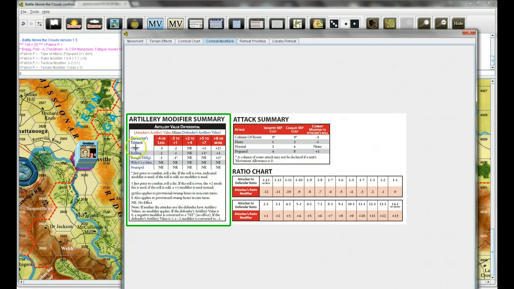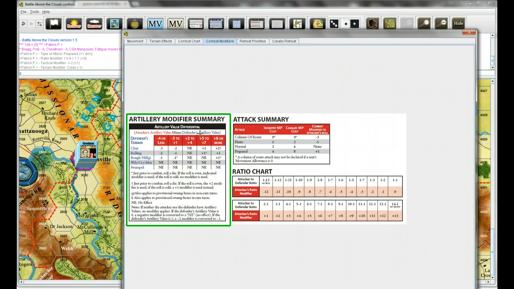Then we also cross-reference it with what type of terrain you're attacking into, and that becomes very important. You can see that for the attacker, attacking into clear terrain is the most devastating, because once the artillery batteries are set up there, they inflict the heaviest die roll modifiers on the attacker. As you get into more unfavorable terrain, artillery plays less of a role, and in the woods, city, mountain and swamps, it isn't even useful.